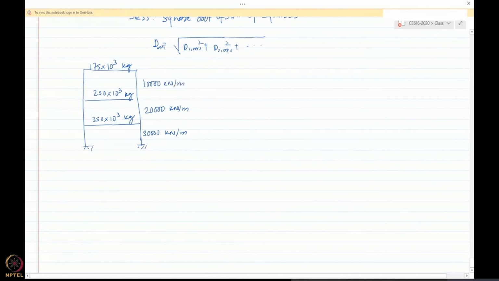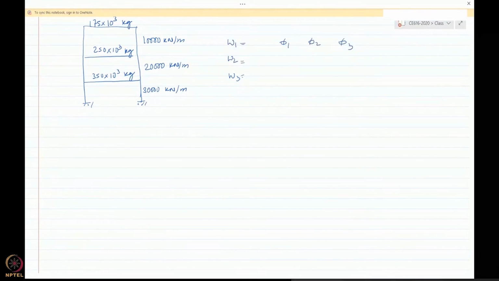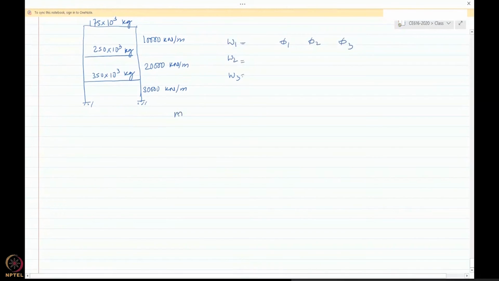All right. Now the first step is for you to find omega 1, omega 2, omega 3, phi 1, phi 2, and phi 3. Remember the mass matrix is 350, 0, 0.